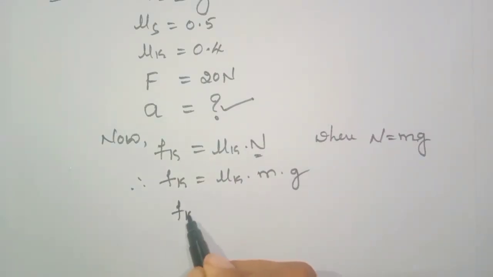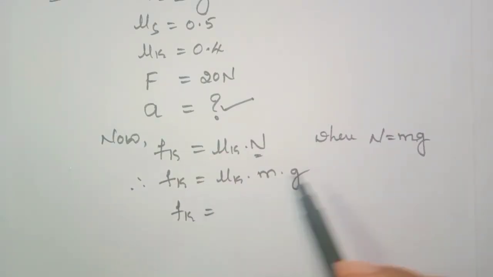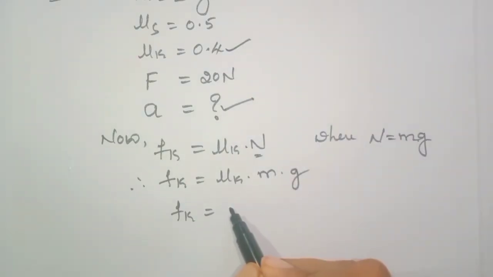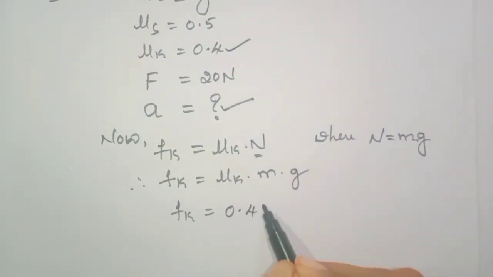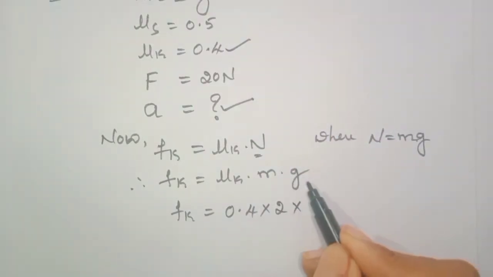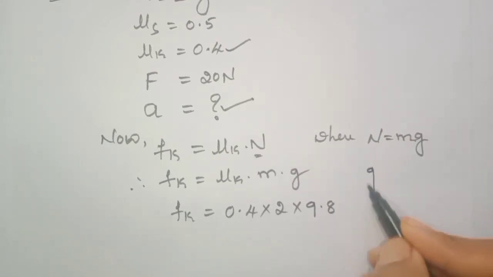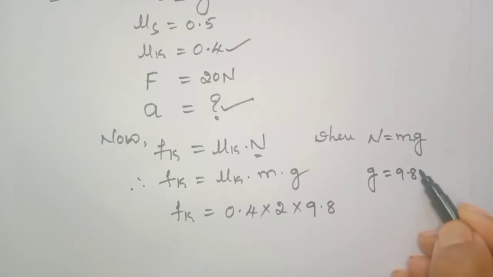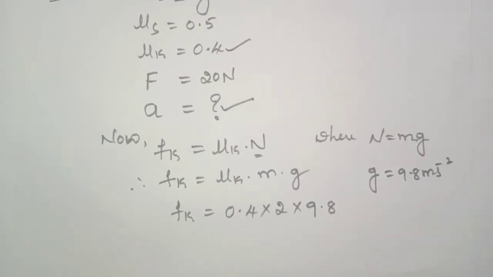Fk is equal to 0.4 into m. So what is m? M is 2 kg, into acceleration due to gravity g, which is not given, so we will write it as 9.8 meter per second square, as it is constant always. Is it clear? So g is equal to 9.8 meter per second square.